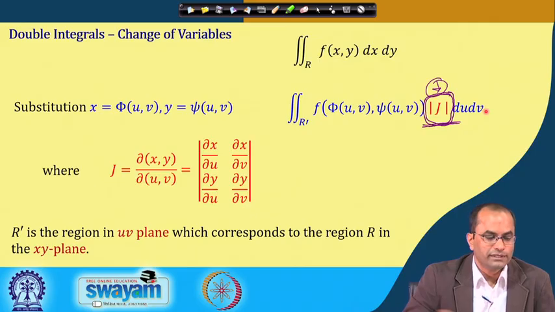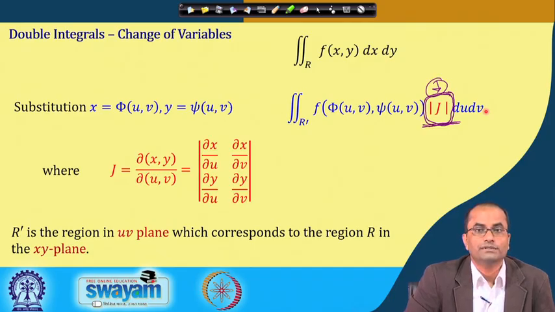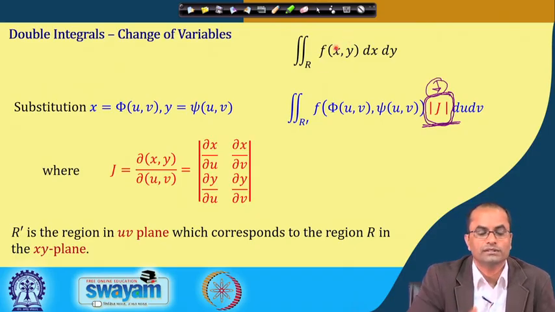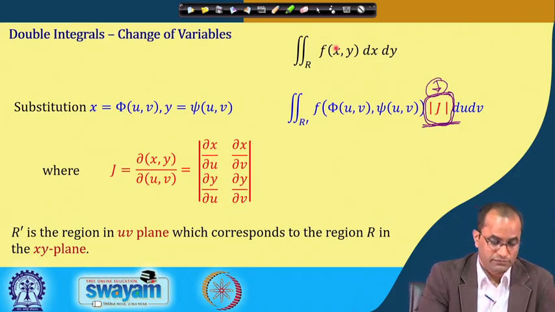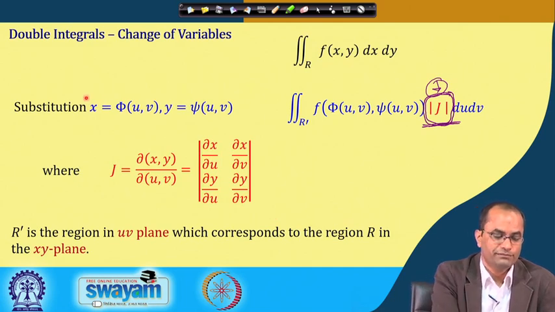So, with this now we can substitute the old variables x y by some suitable ones, because depending again on the integrand or the region r, we may have some other suitable substitution which makes the integral evaluation easier.